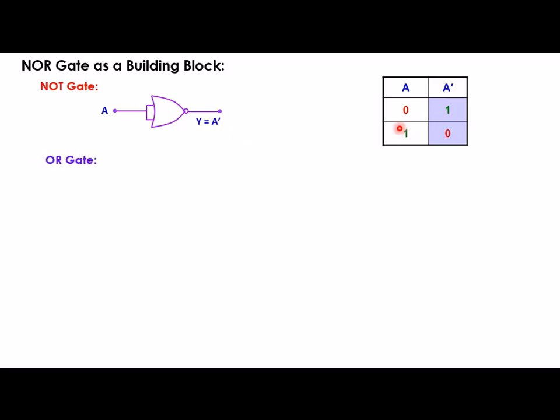Now to get an OR gate from NOR gate, this is a NOR gate. If A and B are two inputs to NOR gate, then the output of NOR gate will be A or B complement, or A plus B complement.